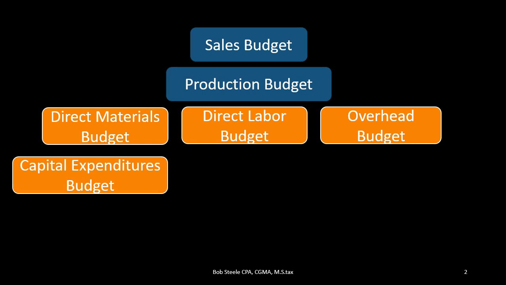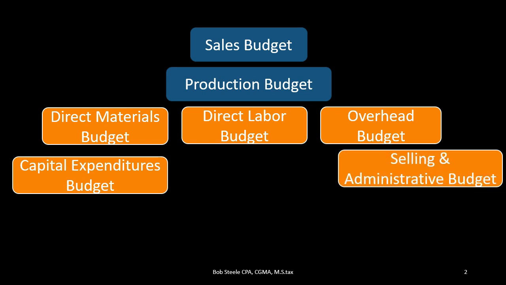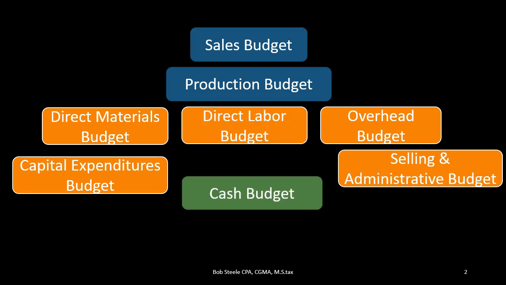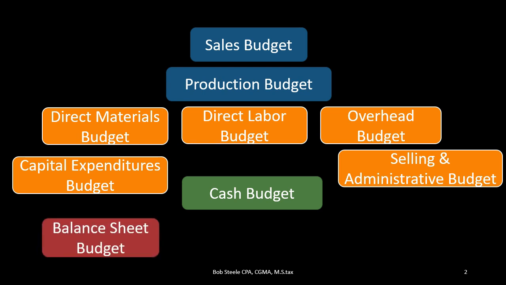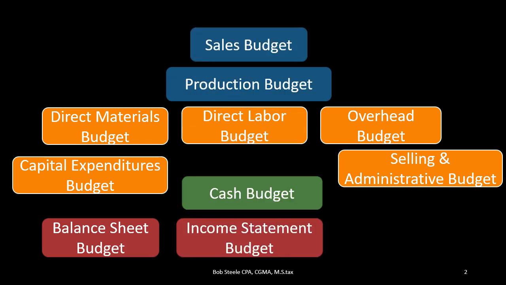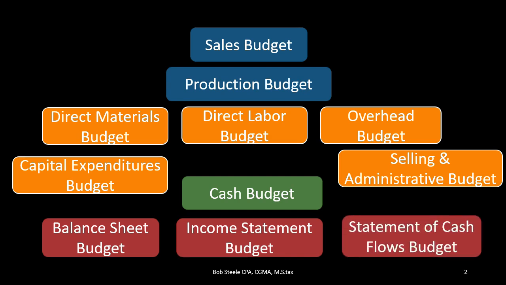Then we can move to the capital expenditures budget, the selling and administrative budget, and finally the cash budget. The cash budget gives us that cash flow type budget, the actual inflows and outflows of cash. Then we've got our financial statements: the budgeted balance sheet, the budgeted income statement, and the budgeted statement of cash flows.